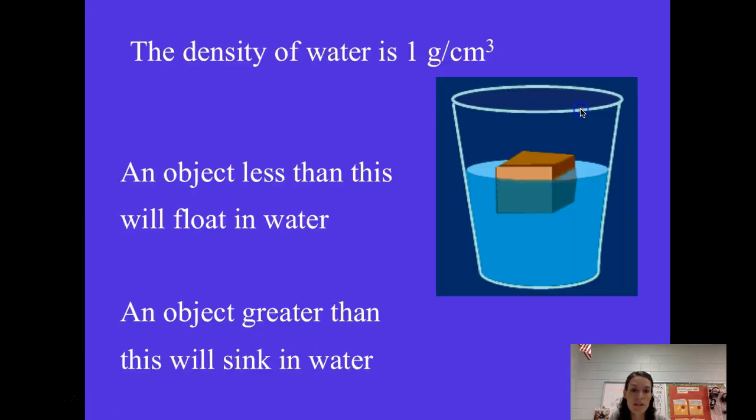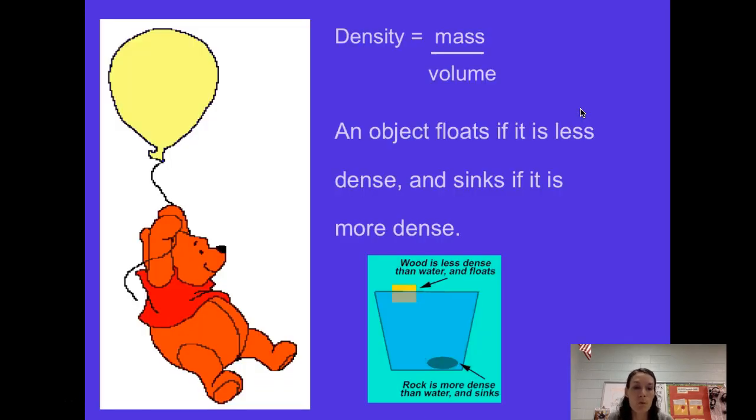All right, and just going back to this slide really quickly, guys, one misconception with density is that the bigger the object, the more it's going to sink, right? So if we have something really large and we put it into our cup or our fish tank or whatever we might have, that it's going to automatically sink. And that is not true, okay? Because we're dividing mass divided by volume, let's take a specific kind of wood, for instance, birch wood.